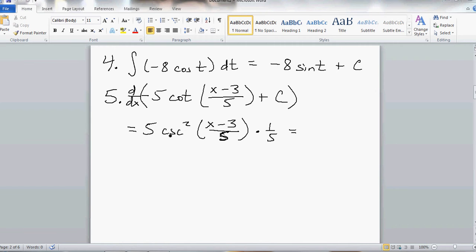So the 5 and the 1/5 cancel out, leaving cosecant squared of x minus 3 over 5. And we look at that, it says secant squared of x minus 3 over 5. So no, this integral formula was not correct.